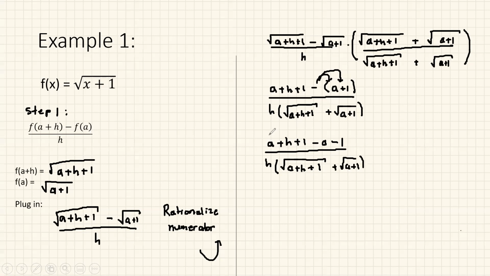Okay, so go ahead and take a look at this numerator for a second and see if anything cancels for you. And indeed, we do have some things that cancel. Let me go ahead and use a different color. So the a's will cancel and the 1's will cancel.